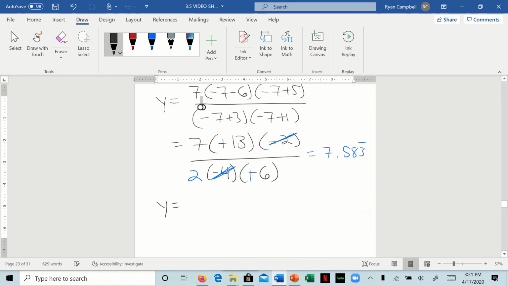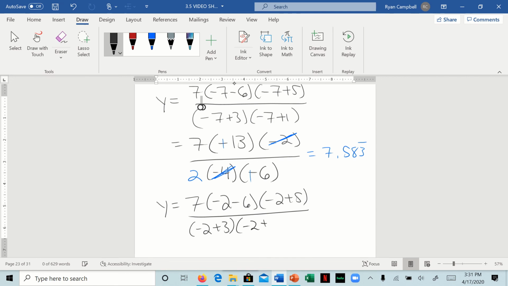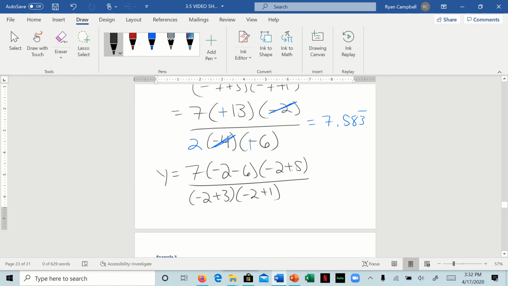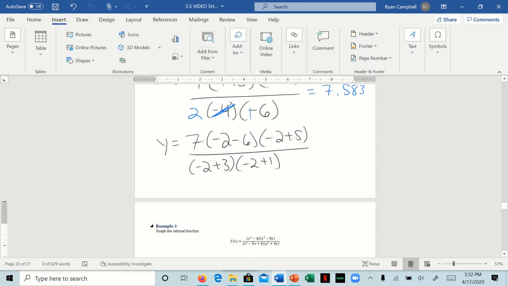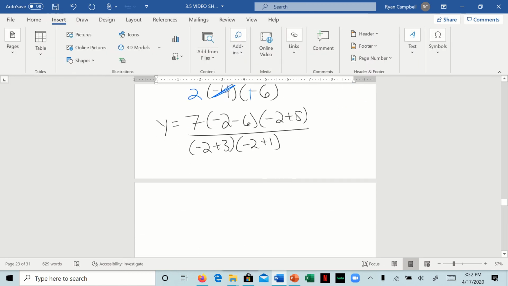So if we have y equals 5 times (negative 2 minus 6) times (negative 2 plus 5) over (negative 2 plus 3) times (negative 2 plus 1). So I guess we're going to need some more space. Writing pretty big now. So 5 times negative 8 times positive 3, my bad, over 1 times negative 1.